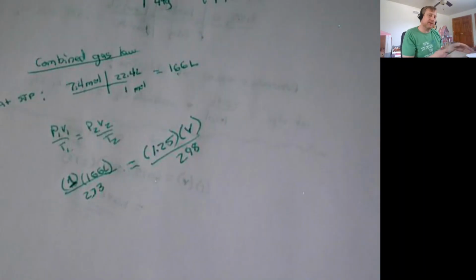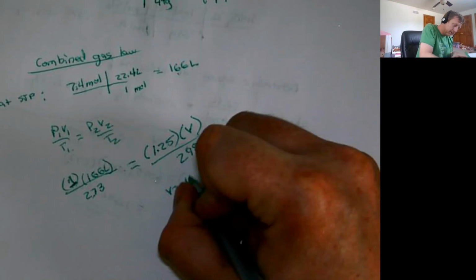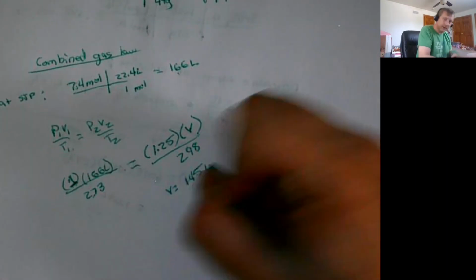Now this is just simple algebra to solve for V. I take 166 times 1 divided by 273, times 298, and divide by 1.25. And I find that my volume of gas under these conditions is 145 liters.